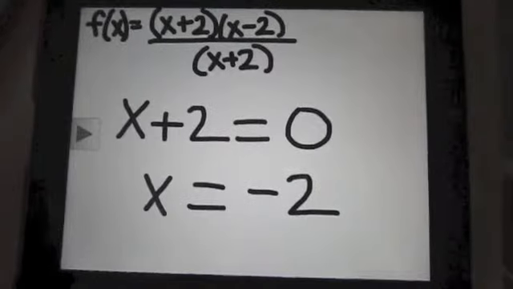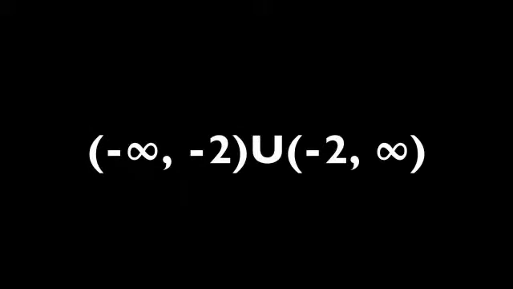Discontinuity occurs at negative 2. This means that the function is continuous on the open interval of negative infinity to negative 2 union negative 2 to infinity.